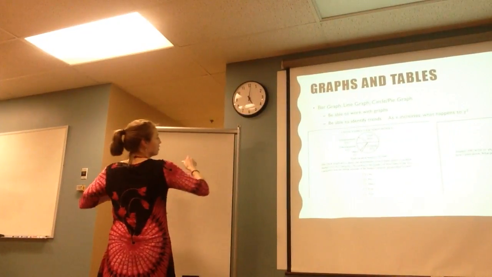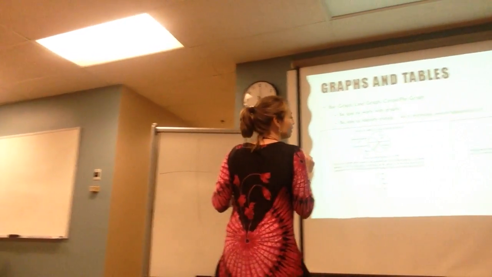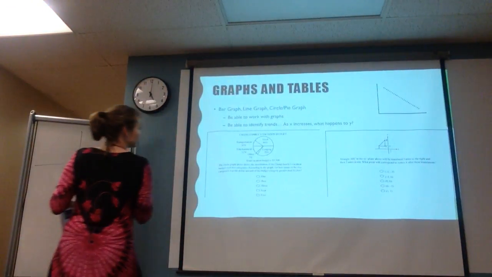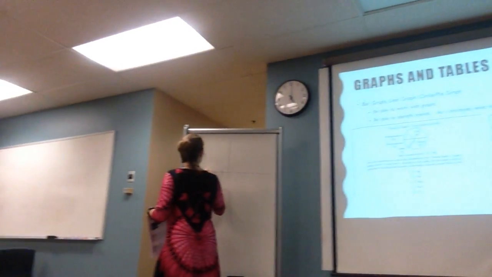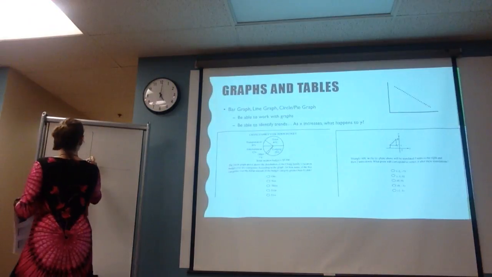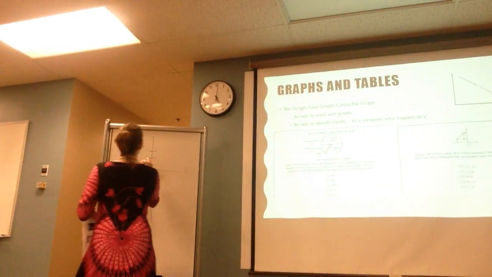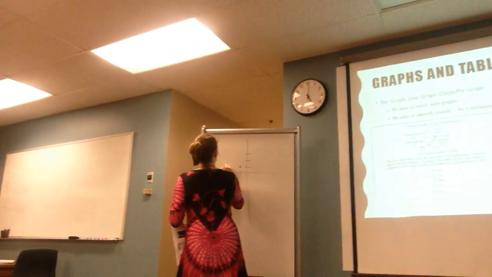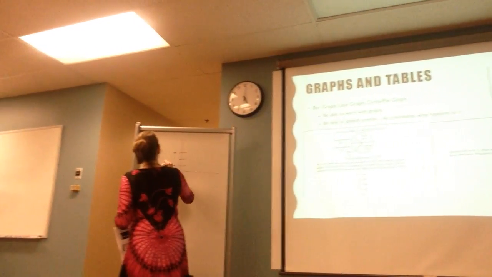Okay, so we have an XY plane, XY coordinates. We have a triangle that is over here. We need 1, 2, 3 lines. And over here we need 1, 2, 3 lines. I've got 1 here, and 1 here.